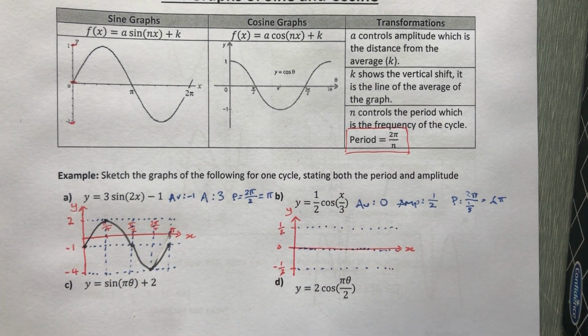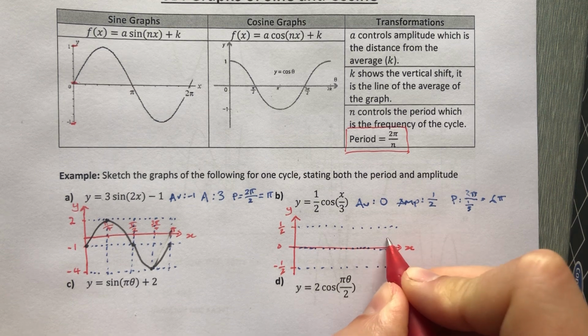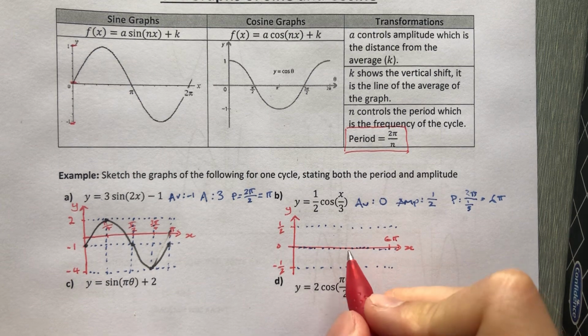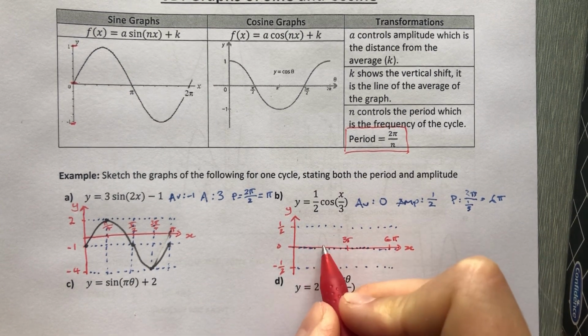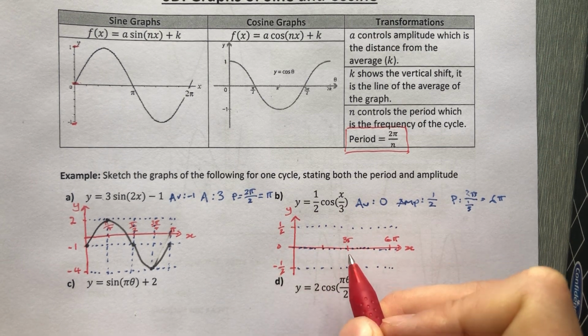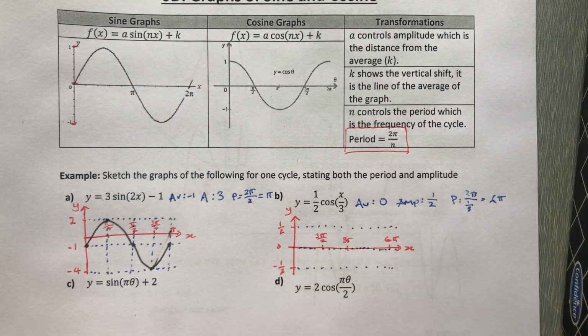And the last thing to look at is our period. Our period was 6 pi, so this can be 6 pi here. Remember, we need to break it into quarters. So halfway would be 3 pi. Halfway between 0 and 3 pi is 1.5 pi, which is 3 pi on 2.